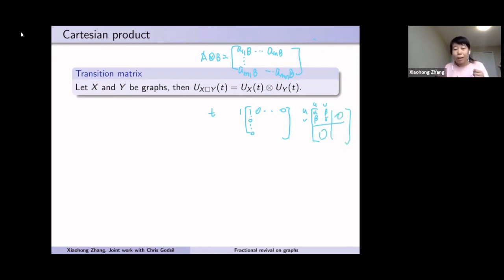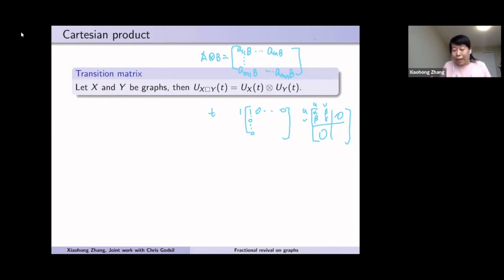If we check the Cartesian product of those two graphs, the tensor product of the two matrices will still have a unitary block, a smaller unitary matrix of size 2.